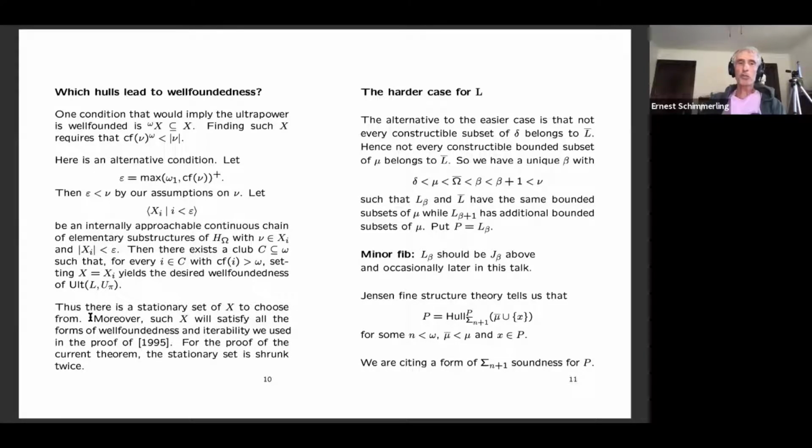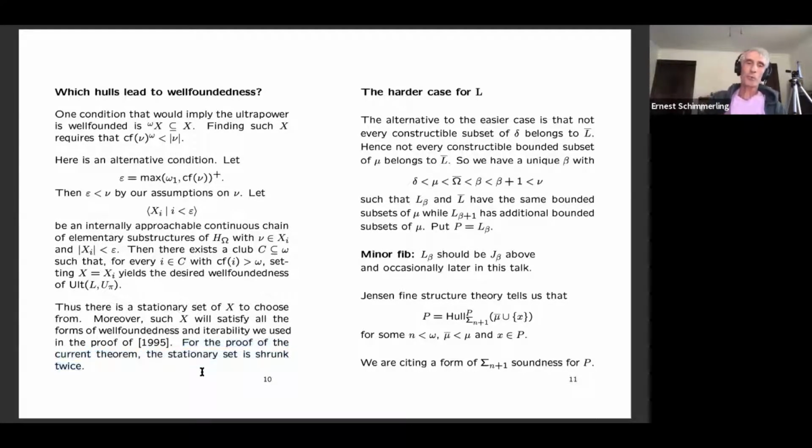And for the future, I don't need anything about this now, but just as foreshadowing, when I get to the Dodd-Jensen core model, and then later to the more recent result, the same kind of X's will give us well-foundedness and iterability, except that in the current theorem, we'll have to do some shrinking.